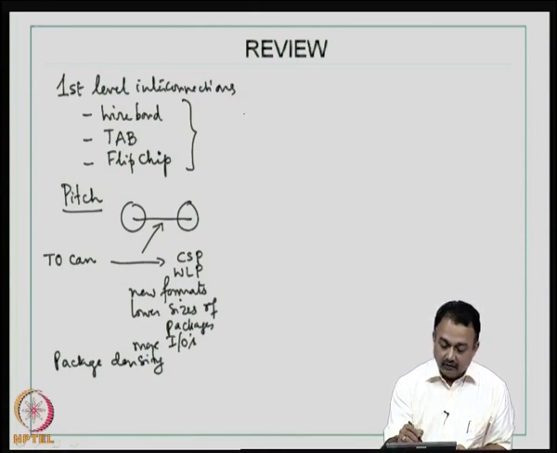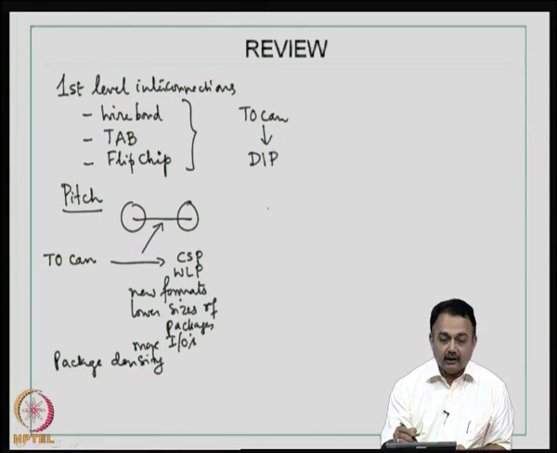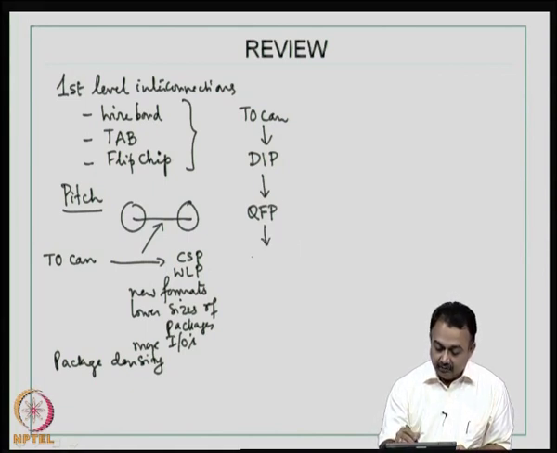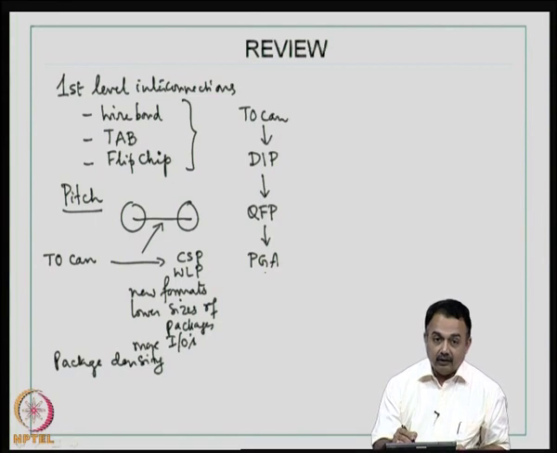So, if you can recollect, we talked about TO CAN, then the development came into what is known as DIP packages or dual inline packages. Then came the QFP packages called quad flat pack packages. Then came the pin grid array, PGA, packages that were used in a lot of microprocessors.